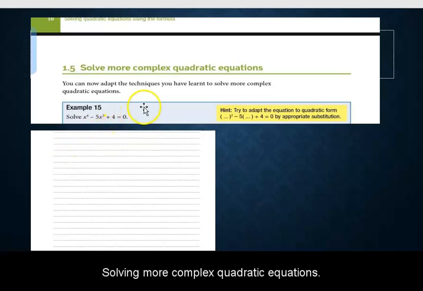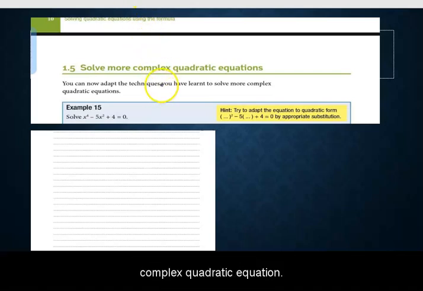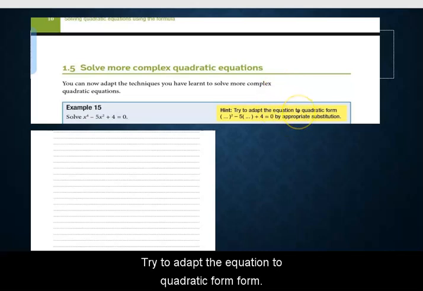Solving more complex quadratic equations. Now there is a hint on how you can solve this more complex quadratic equation. Try to adapt the equation to quadratic form.